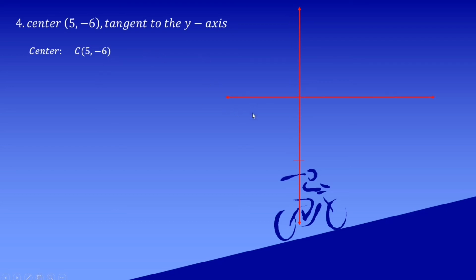To find the other component, which is the radius, let's graph a circle in our rectangular coordinate system. Alam natin yung 5 is at the positive x-axis and negative 6 is below the y-axis. Then, we're going to plot the point of the center of a circle. Dyan natin makita sa fourth quadrant.